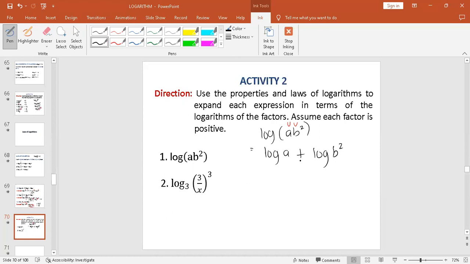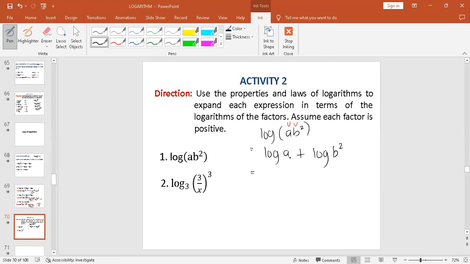Okay, so that's the very first thing to do. Now, next step, we look at the terms, if there are terms that can be expanded. So, titingnan natin yung kada term kung pwede pa ba siyang i-expand or hindi na.